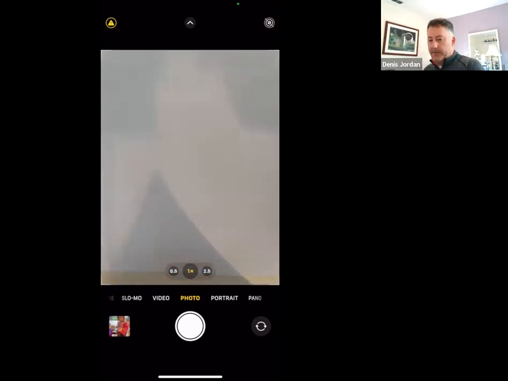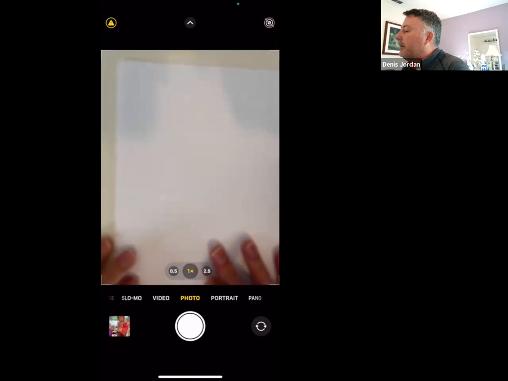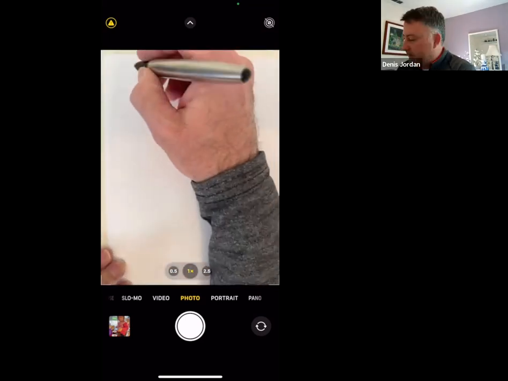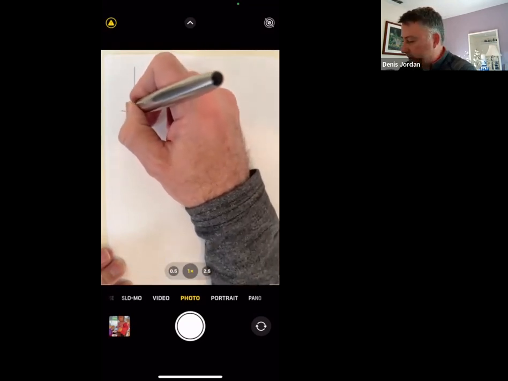Let me do number 15 really quick. There are two versions of this one, but they are both done the same way.